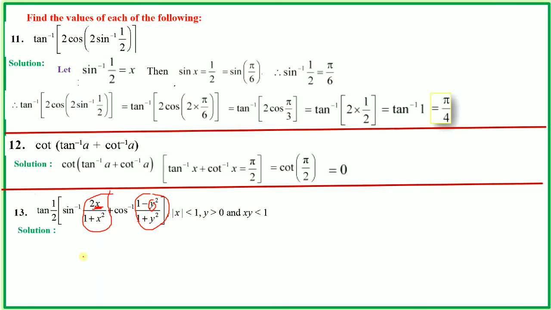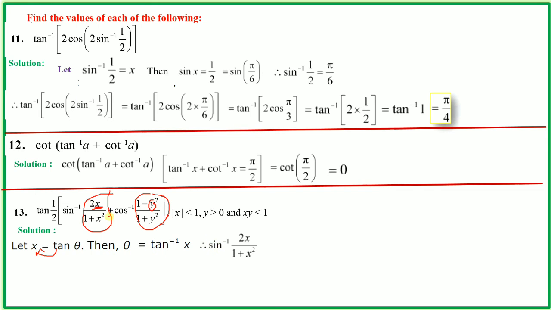Okay, then let us go for it. Let's put x equal to tan theta here. As I told you, 2 tan theta upon 1 plus tan square theta will become sine 2 theta. So for this, theta is equal to, taking tan inverse both sides, tan inverse x.